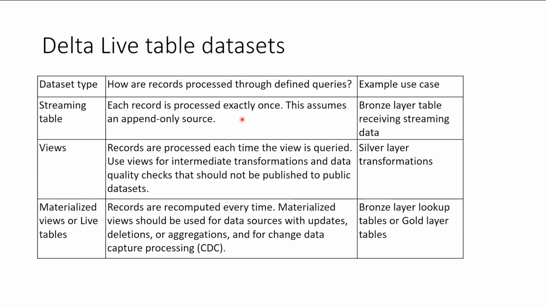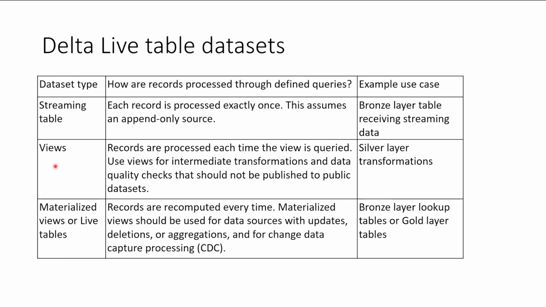A streaming table allows you to process a growing dataset, handling each row only once. Because most datasets grow continuously over time, streaming tables are good for most ingestion workloads. Streaming tables are designed for data sources that are append only. A use case for a streaming table could be a bronze table that receives streaming data from cloud files.